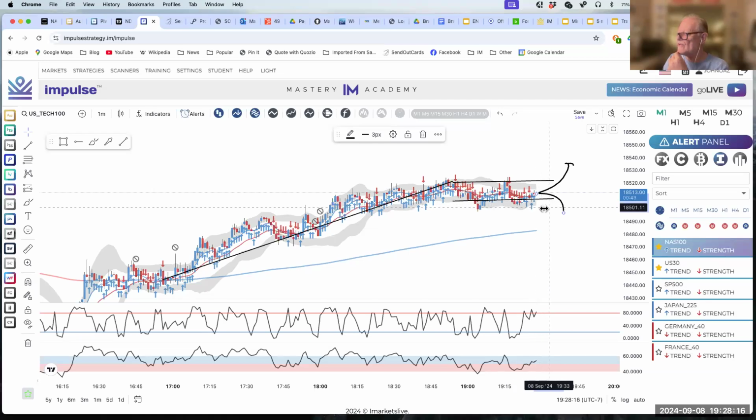Here's 500 right here. So if it comes down and hits this, is it going to bounce off this and go up? Is it going to bounce off this, come up and retest it and then come down? So the 500 is very, very important. It's again that big round number.